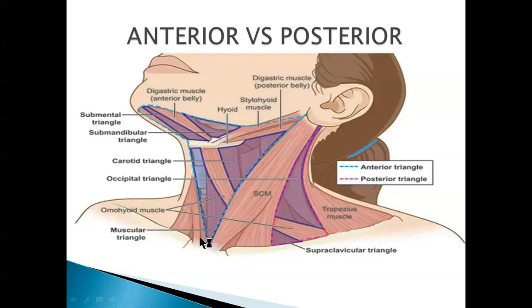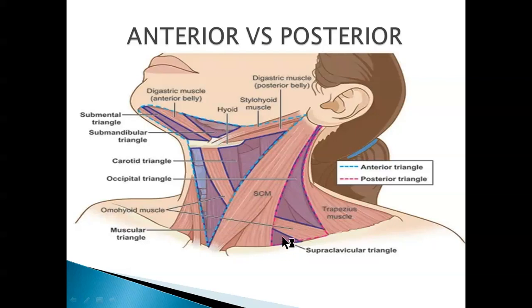So the anterior triangle is divided into the submental, submandibular, the muscular triangle in the midline of the anterior neck, and on the side of the neck the carotid triangle. Posteriorly, we have two triangles. The superior one is the occipital triangle, and the lower one is the supraclavicular triangle.